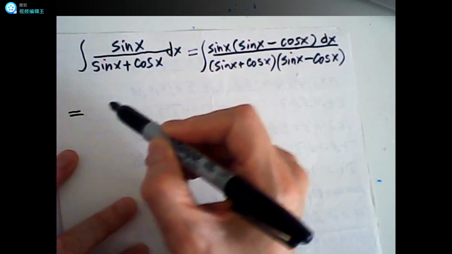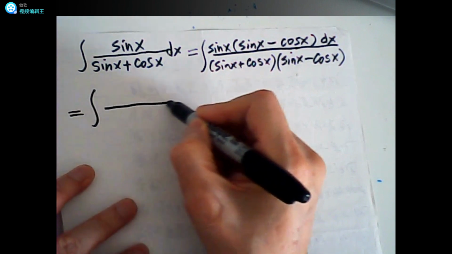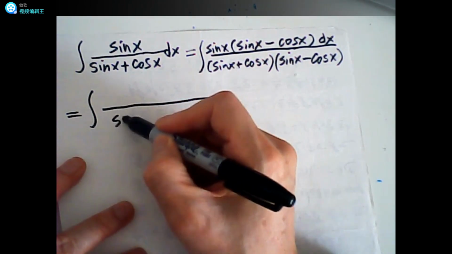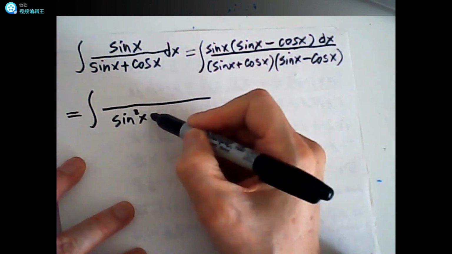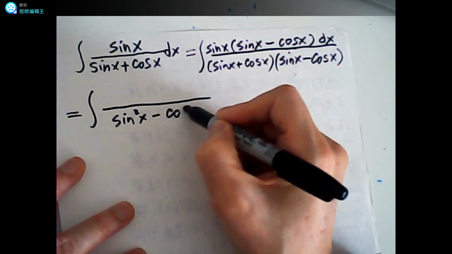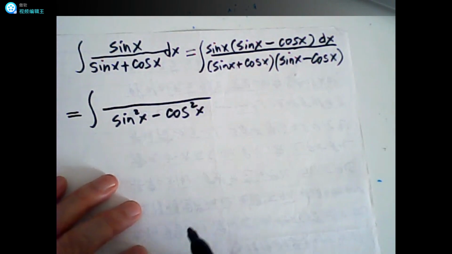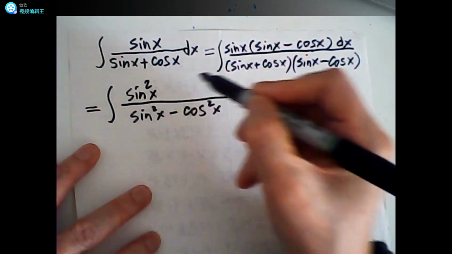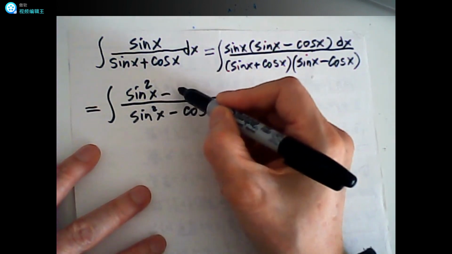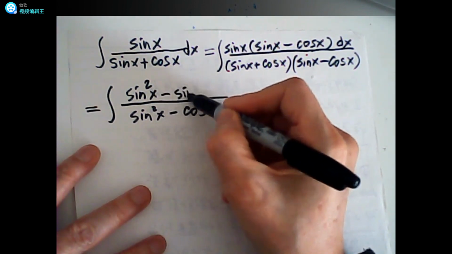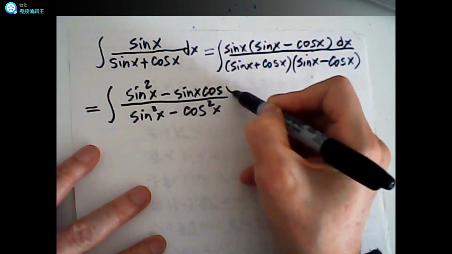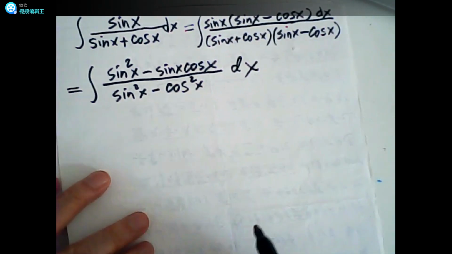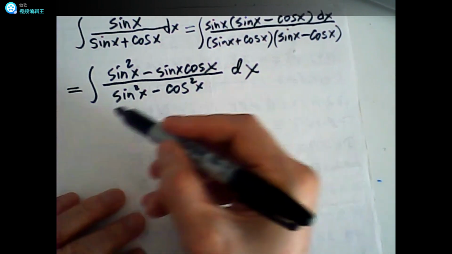So this is equal to, the denominator will be sine squared x minus cosine squared x. The numerator will be sine squared x minus sine x cosine x dx. All right, good.